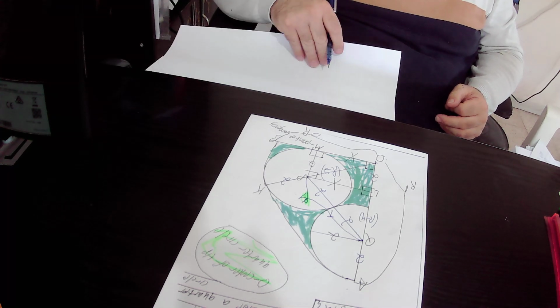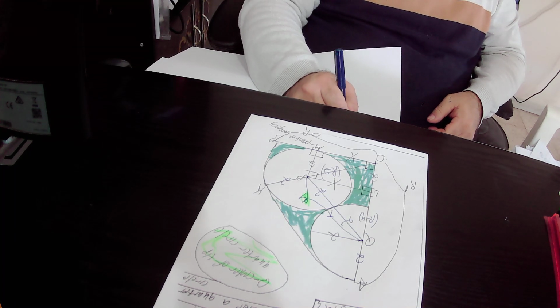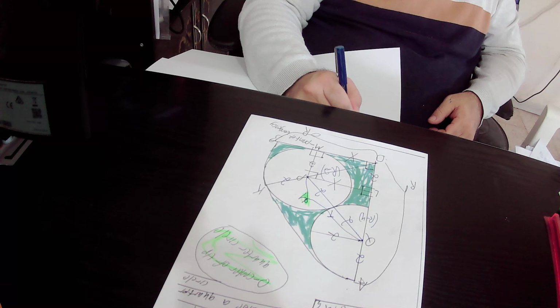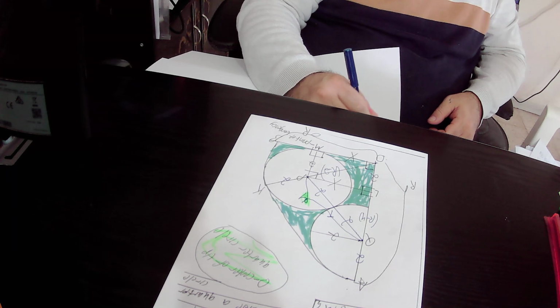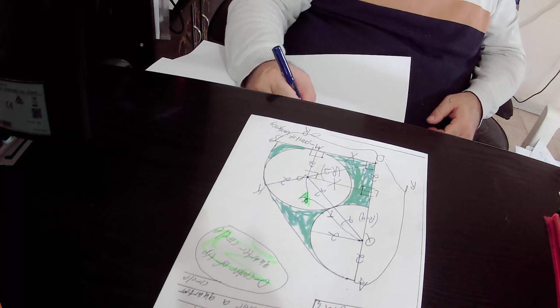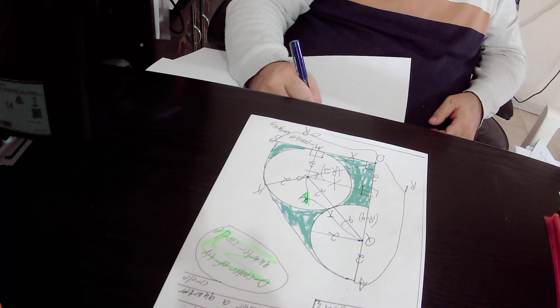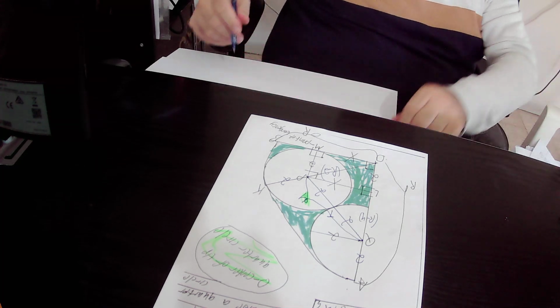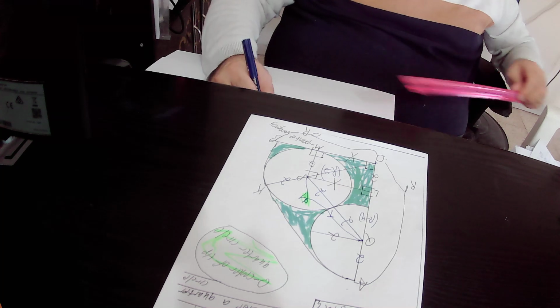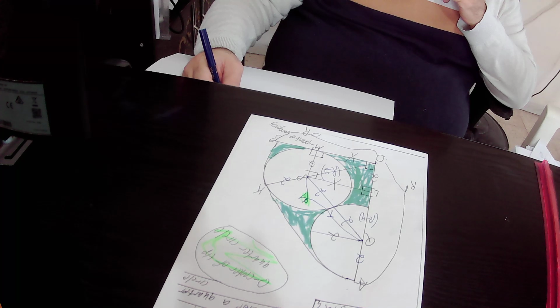And what is the value of this shaded area? The value of the shaded area in the drawing is equal to the area of the quarter circle minus the area of the circle minus the area of the semicircle.